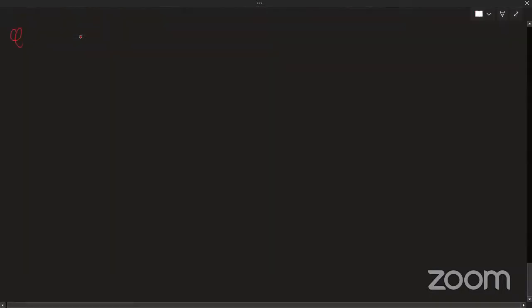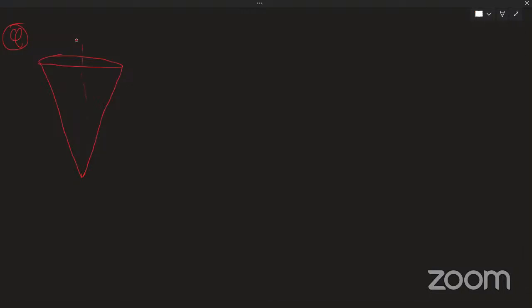Okay, so let us give a try on one more similar question, a cone question. So what is happening is you have got a cone, something like this. The semi-vertical angle of this cone is given to you as 30 degrees.